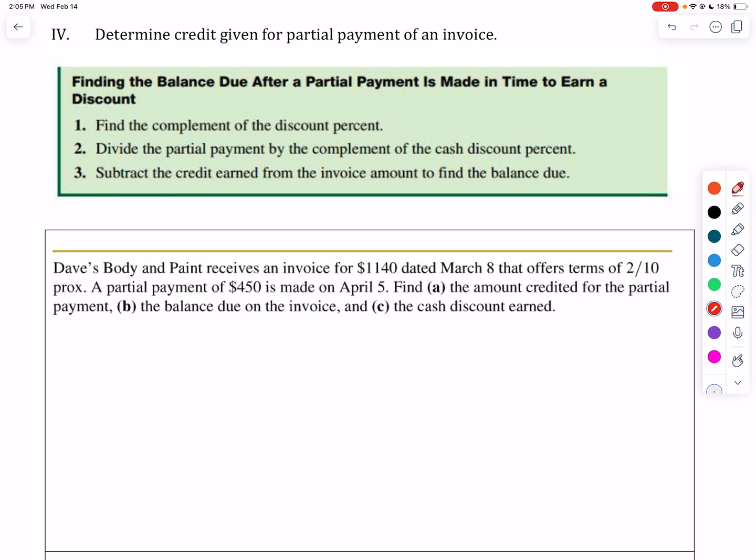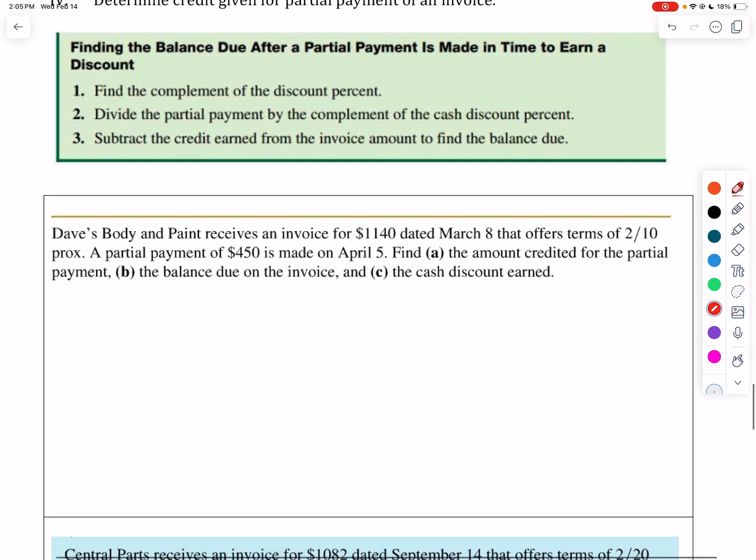So what we're looking for, the amount credited, is actually the base, and we have the partial payment, and we're dividing it by the complement percent. Then we subtract that from the invoice amount, and that gives us the balance due, and then eventually we can figure out how much discount we actually got.